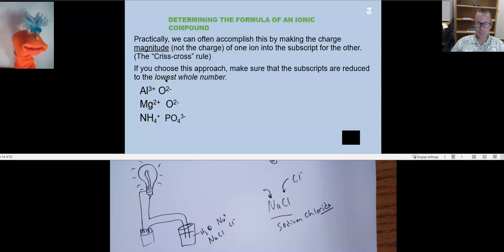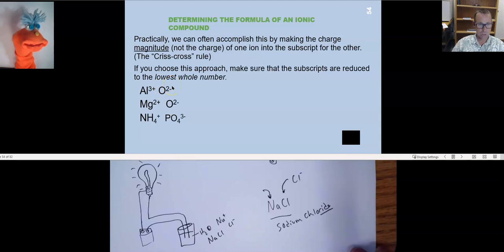The oxide ion? That's right, oxide ion. So the combination of these ions is going to be aluminum oxide, but we have to recognize that the way that they come together depends on the charges that they have. So the aluminum ion has a +3 charge, the oxide ion has a 2- charge, right?